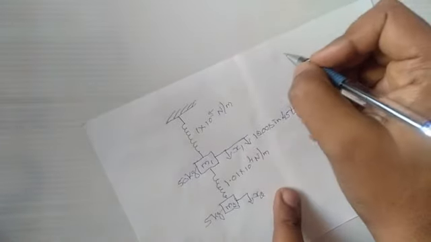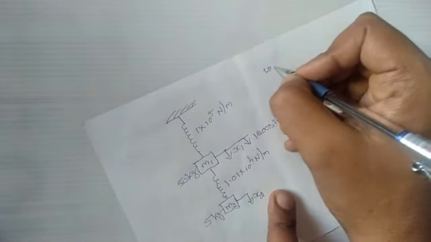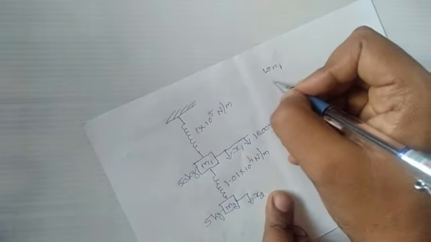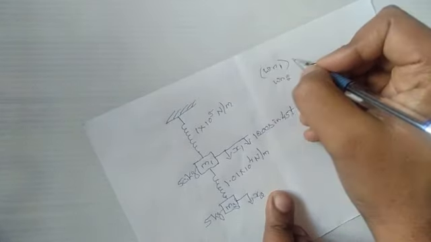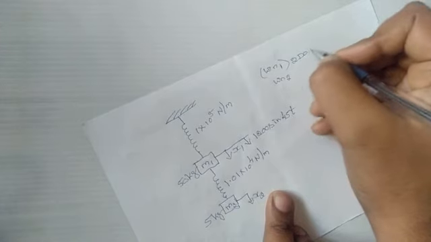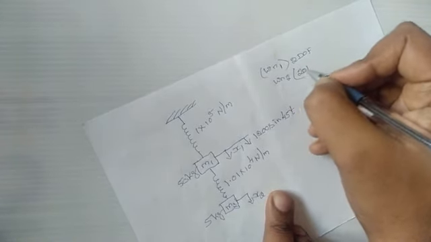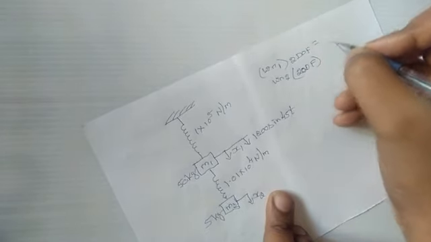Since this is a 2 degrees of freedom system, we need to calculate the natural frequencies: the natural frequency of the first one and the natural frequency of the second one. So we need to calculate this.